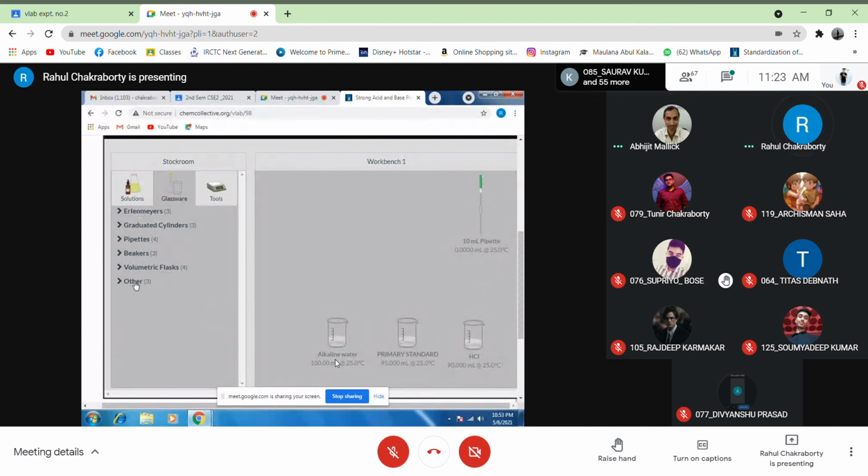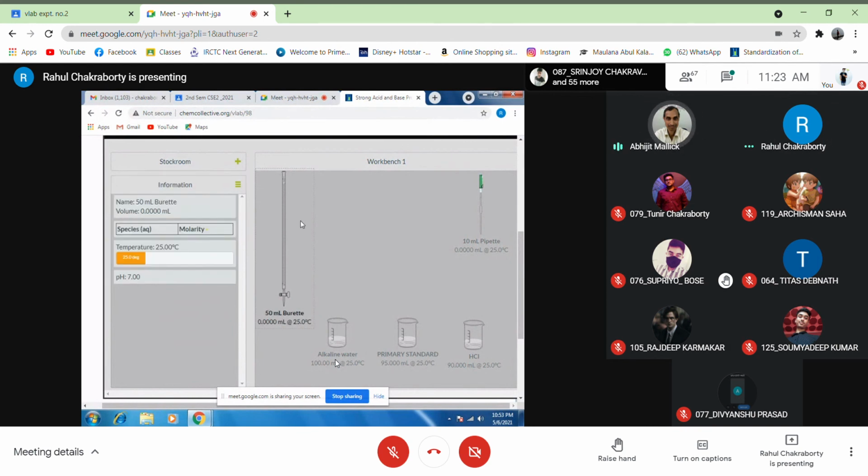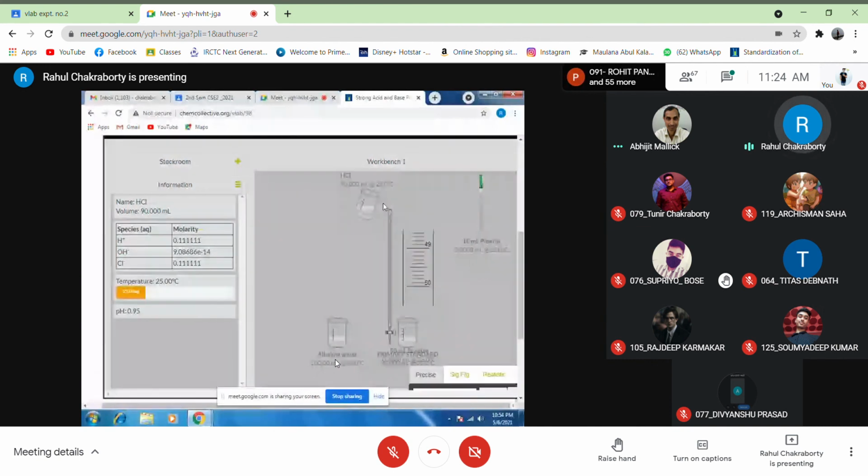Now click on other and choose a 50 ml burette. This is table 2, okay? Table 2: pour HCl into the burette, 40 ml.